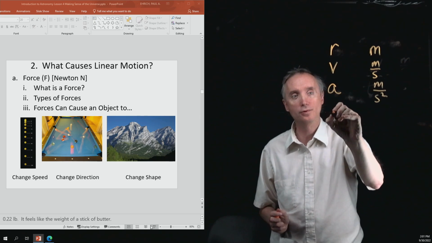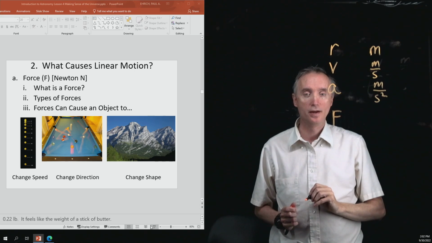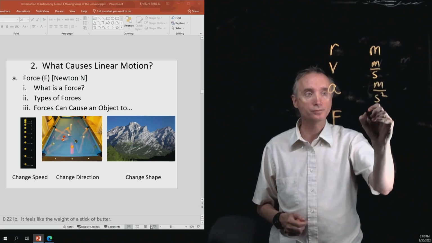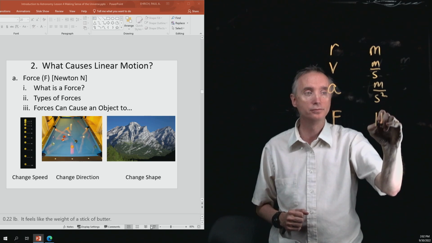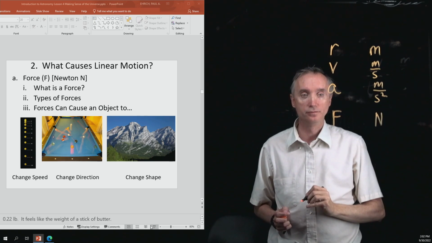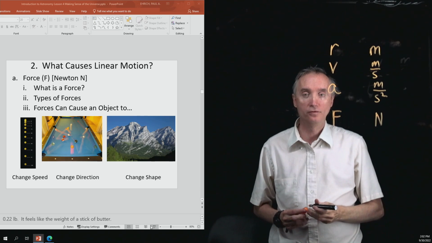And now we're talking about forces. So F for force, and the unit is going to be called the Newton, named after Sir Isaac Newton. This is the official metric unit for force.